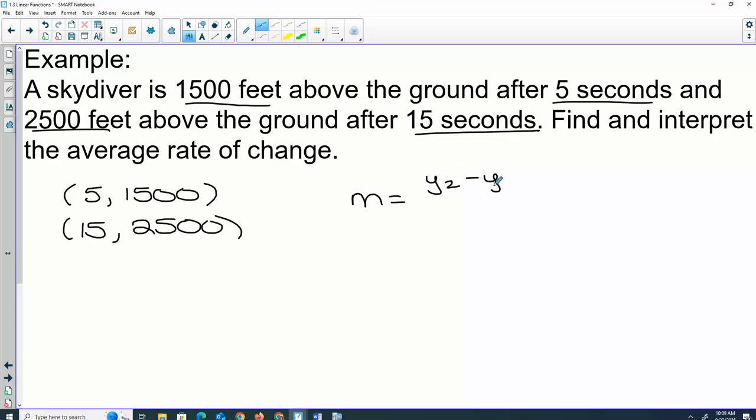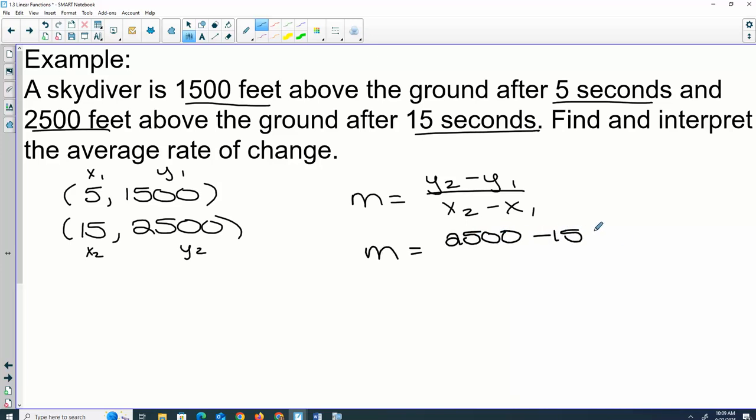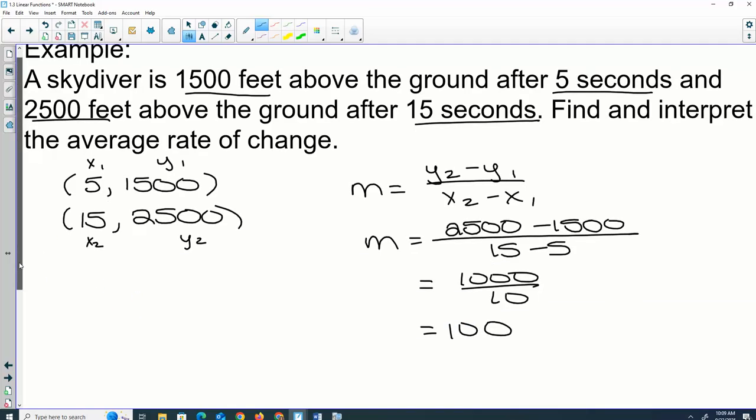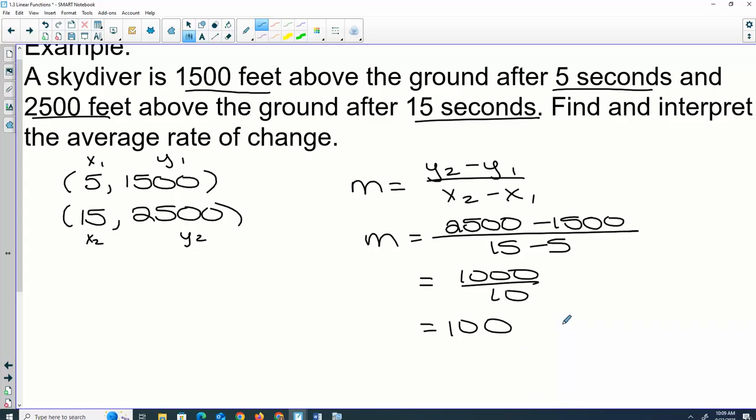Remember we talked about the formula y2 minus y1 over x2 minus x1. All right. I have my average rate of change. That's my slope, it's 100.